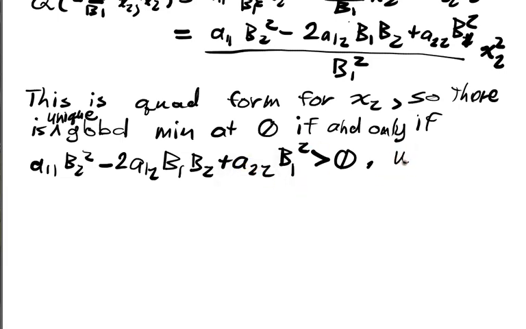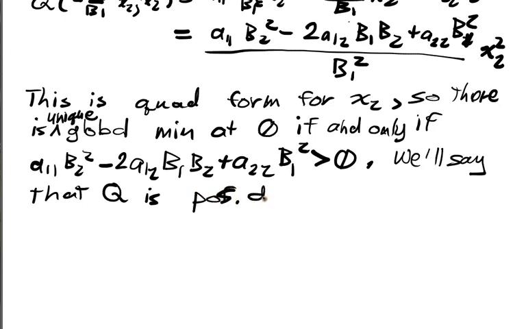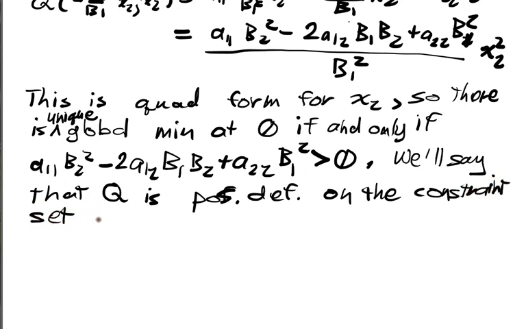And we'll say that Q is positive definite on the constraint set if and only if this occurs.